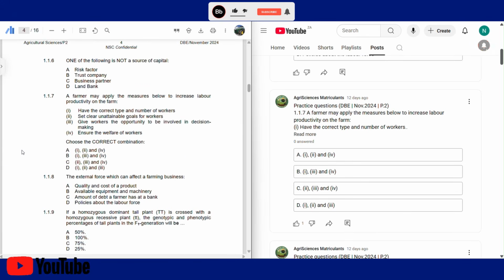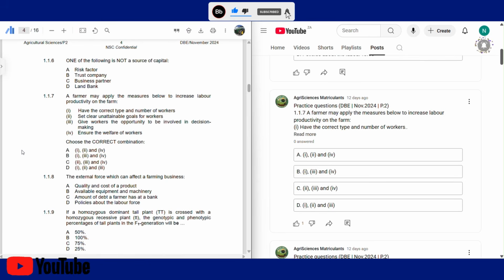1.1.7. A farmer may apply the measures below to increase labor productivity on the farm. Roman figure 1, have the correct type and number of workers. Roman figure 2, set clear, unattainable goals for workers.